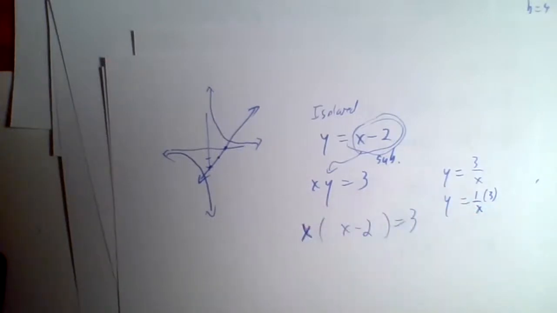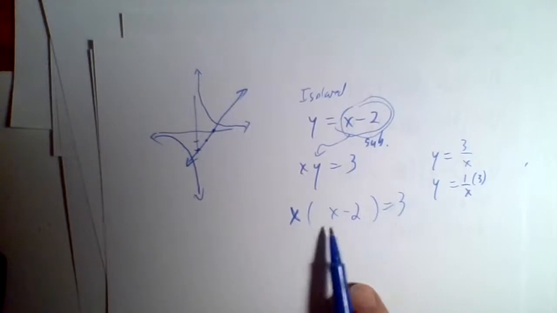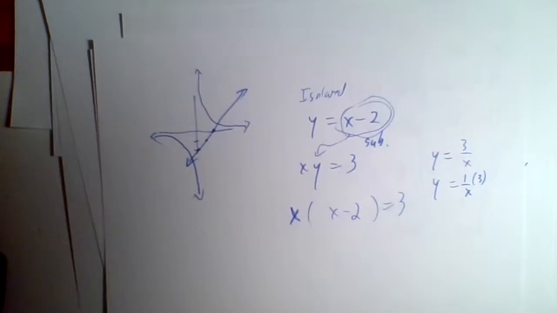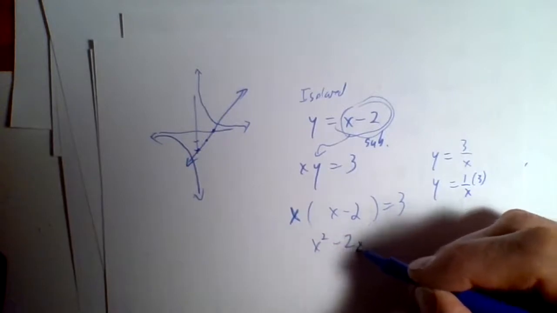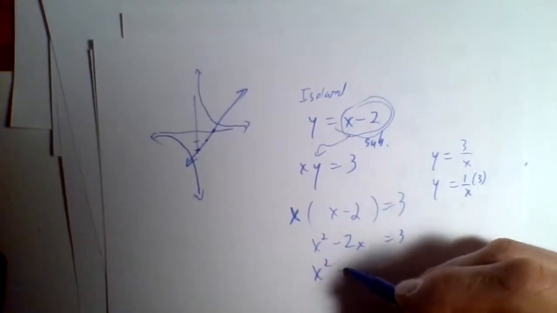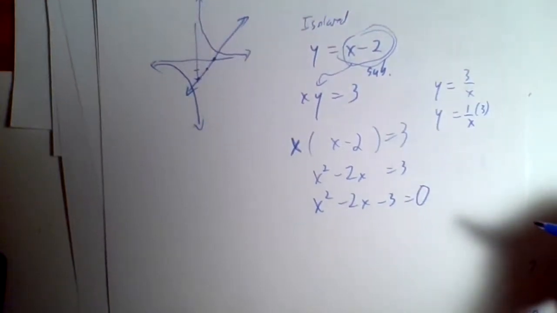And then you have to think, what kind of situation do I have here? This is kind of factored, but 2 factors multiplying to 3 doesn't really tell me anything. I got to work it out. I got to get to 0 on one side and see what happens. So go ahead and multiply it out. If I move everything to one side here to get to 0, I do have something that'll factor.